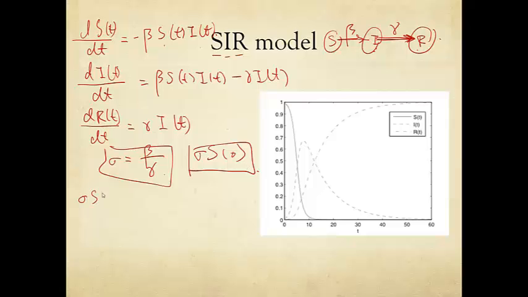If sigma S of 0 is less than or equal to 1, then the infected population actually decreases. The initial value S times this basic reproduction number is not large enough to cause an increase of the infected population. That's all good. However, as in all the pandemics, this will be large enough, and then you will see the infected population going up.